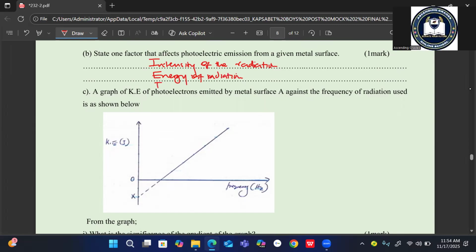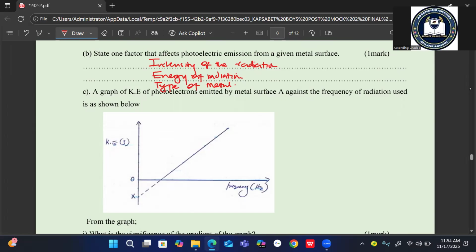We have the type of metal. A graph of kinetic energy of photoelectrons emitted by a metal surface A against the frequency of radiation used is as shown below.